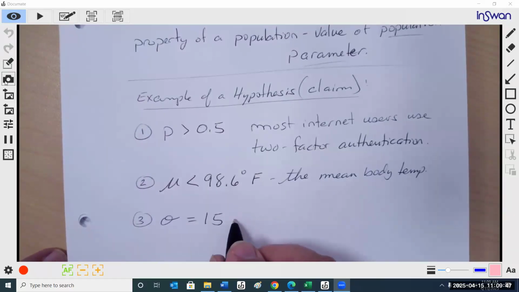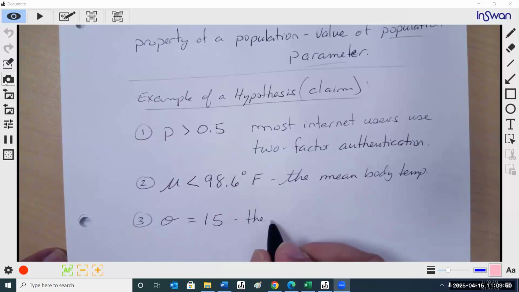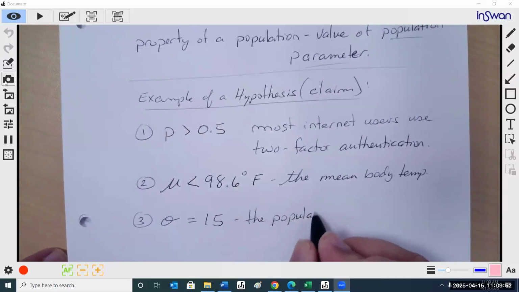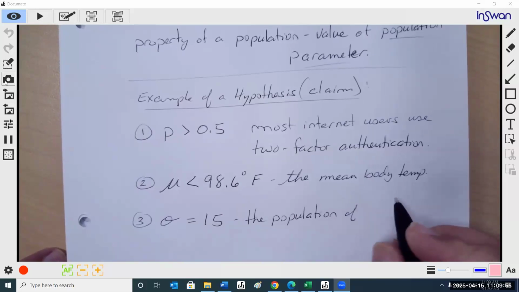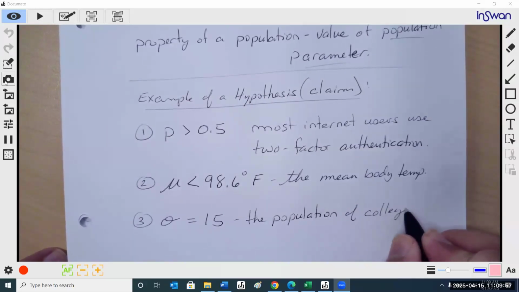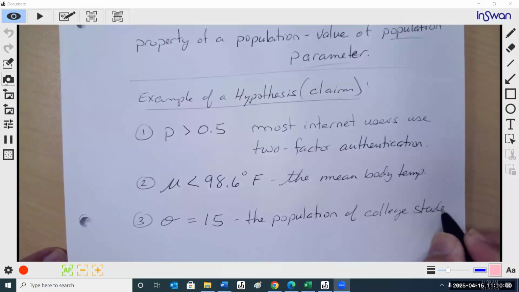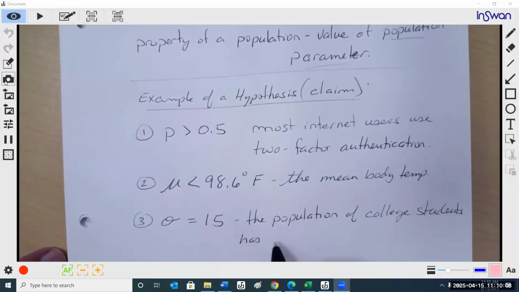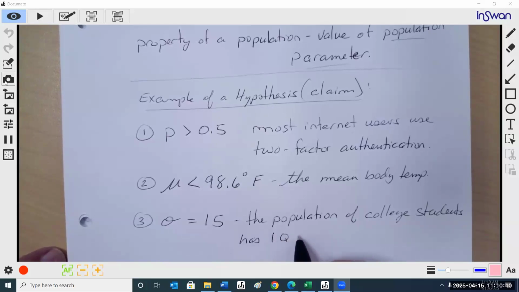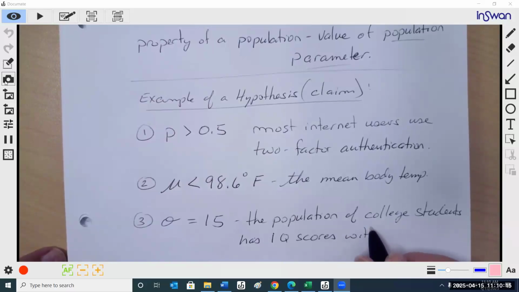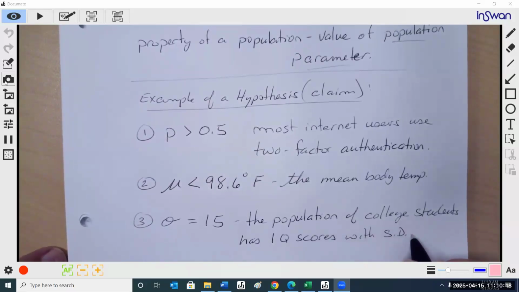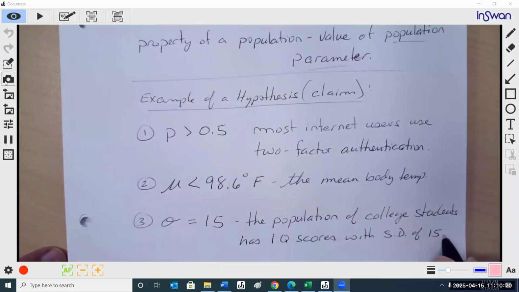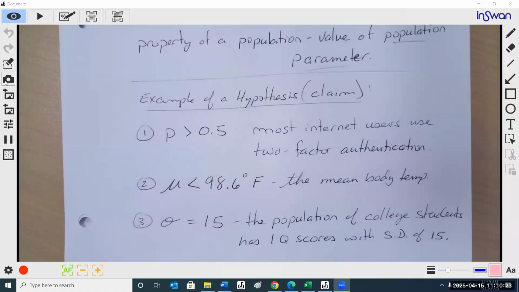This example could be the population of college students, where the population has IQ scores with a standard deviation of 15. That's what it says.